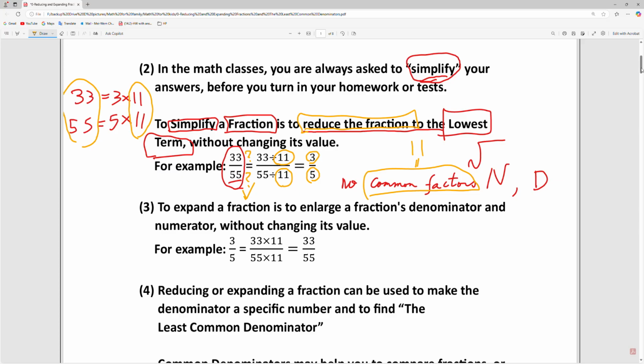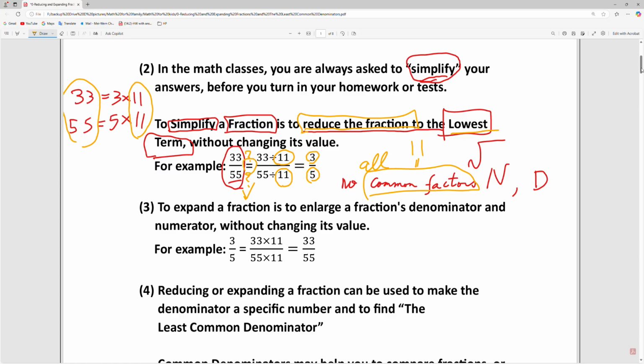The method is you divide the common factor. That's the way you reduce. And to get to the lowest term, you need to divide out all the common factors. Then you have the lowest term. And pretty soon I will show you why it's equal.